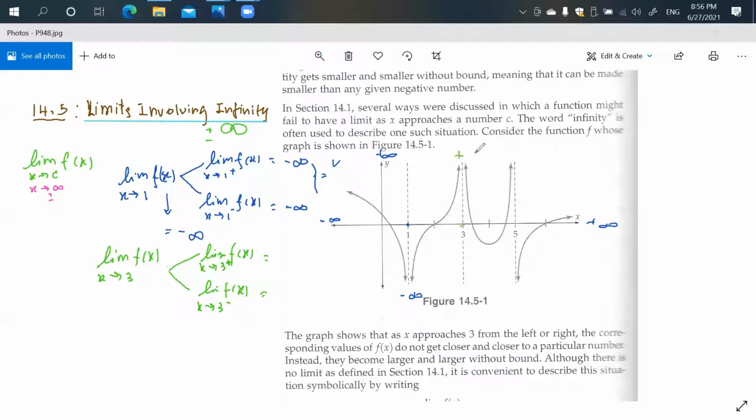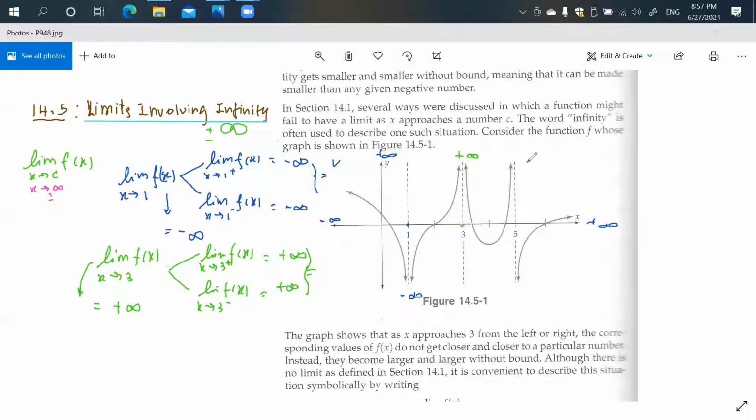So this is plus infinity. And from the left hand of x equal to 3, on this graph, you get closer and closer to 3, so it's also plus infinity. So these limits are equal, and we can say the limit of f of x when x approaches 3 equals plus infinity.